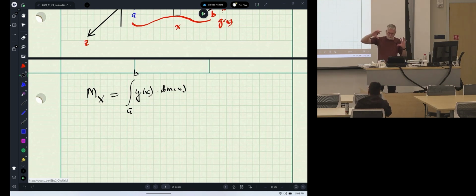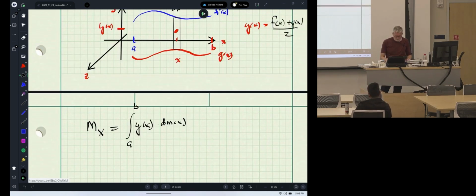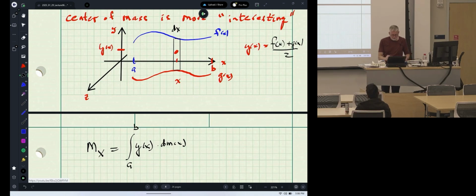So that's for rotation now with respect to the x-axis.